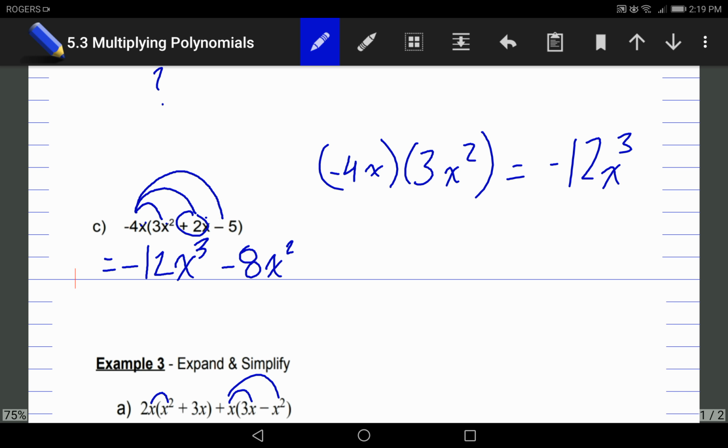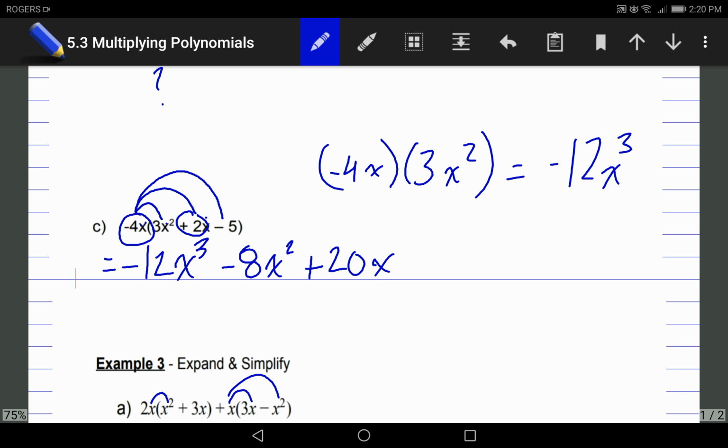Negative 4 times negative 5 becomes positive 20. But don't forget the x because this had a negative 4x, not just a negative 4. So negative 4x times negative 5 is positive 20x.